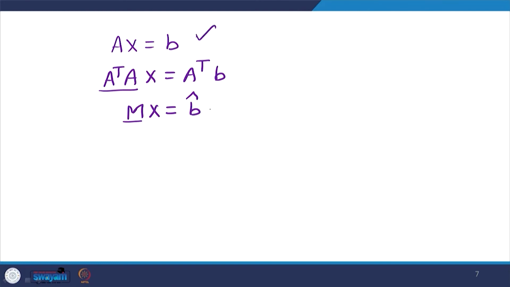The solution of this will be the solution of the original, because both are equivalent systems, and now your coefficient matrix is positive semi-definite.